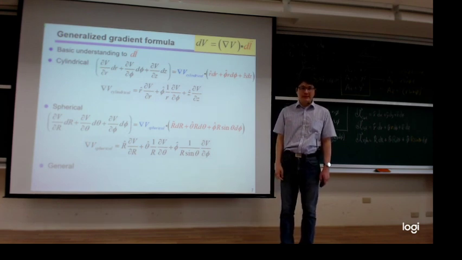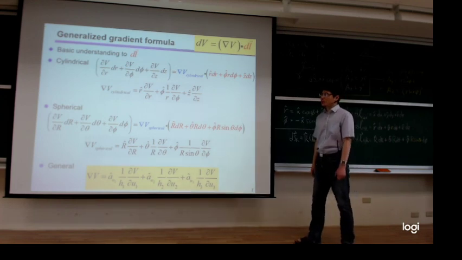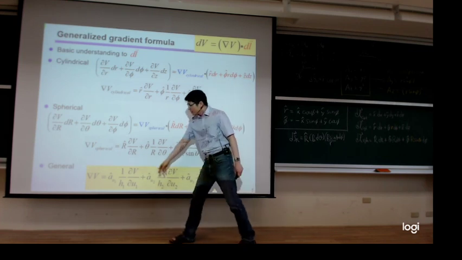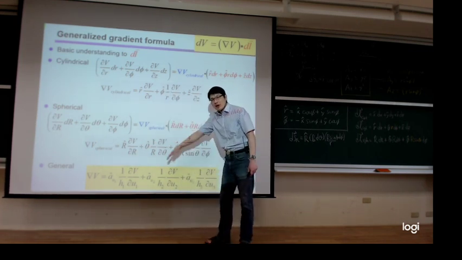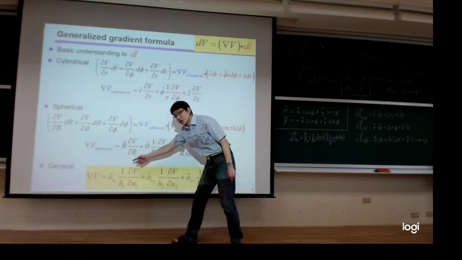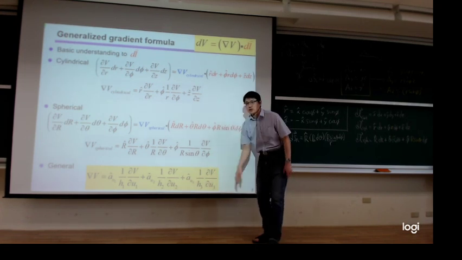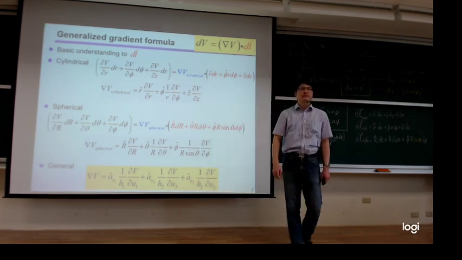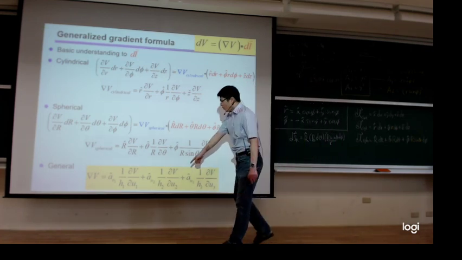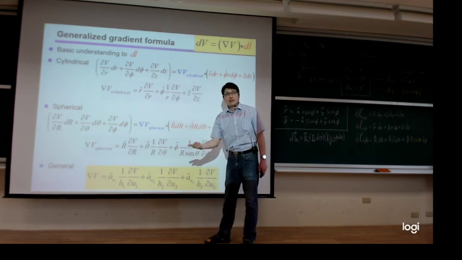Right? Is it clear? So the generalized expression for the gradient of a scalar function for any orthogonal coordinate system is just 1 over h1, 1 over h2, 1 over h3, the Jacobians, and then you have the partial differentiations. Okay? What are the Jacobians? The radius for the arc.